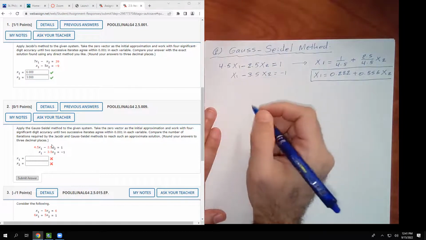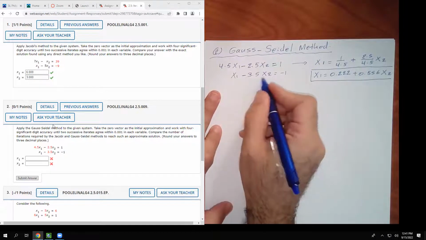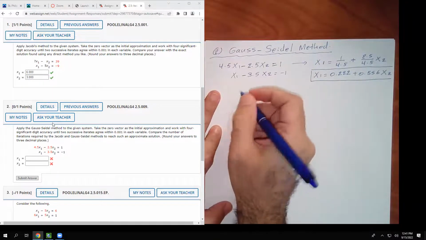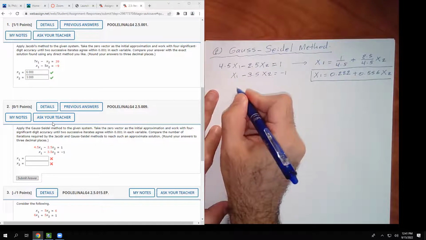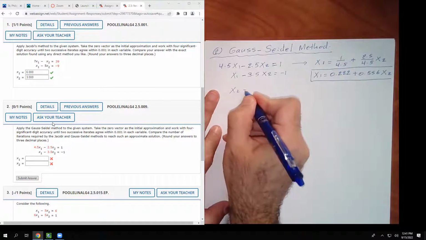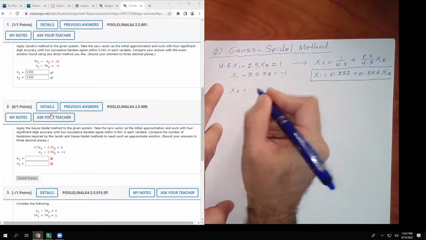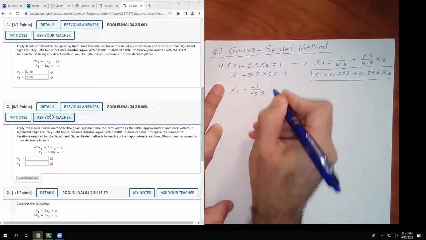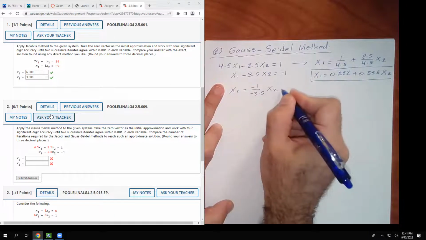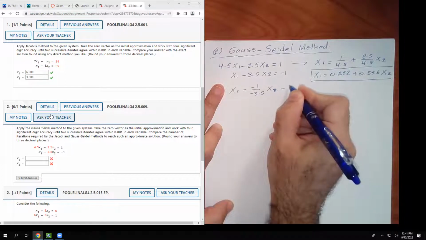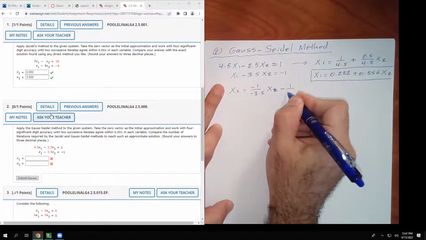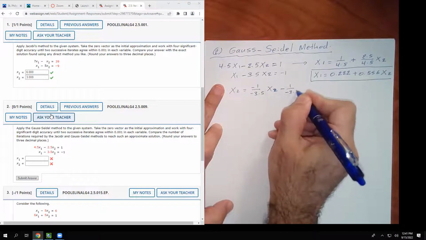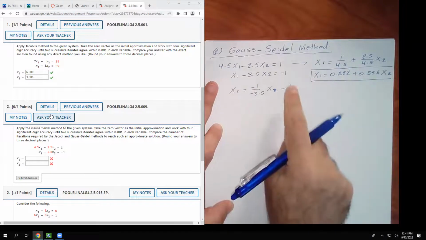So x2 equals negative 1 over negative 3.5 minus 1 over negative 3.5 x1, moving x1 to the other side.